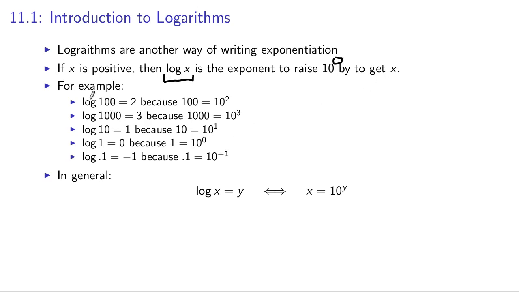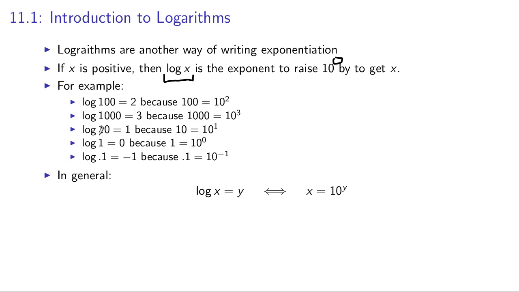So for example, the logarithm of 100 is 2, because 10 squared is 100, so we write 2 in the exponent of 10 to get 100. The logarithm of 1,000 equals 3, because 10 cubed is 1,000.